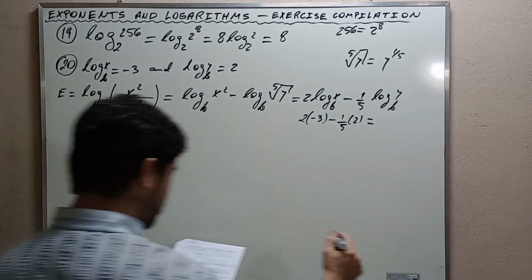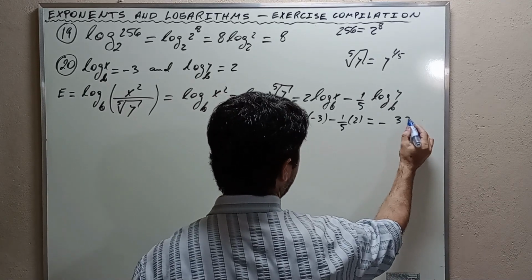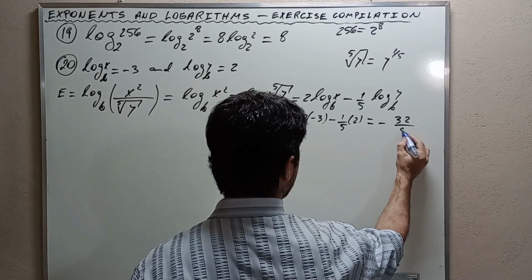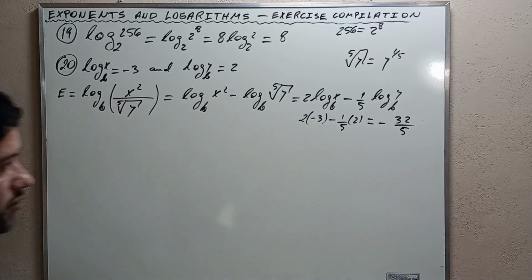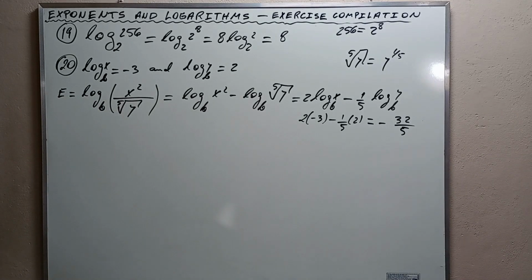If we carry out, we find that it is equal to 32/5. Okay, my friends? And this is all for exercise 20. Let's go to exercise 21 now. 21.